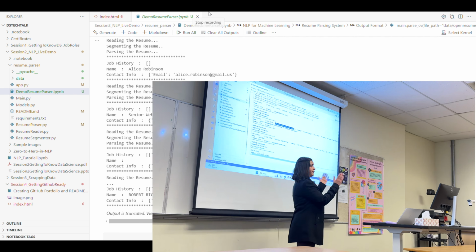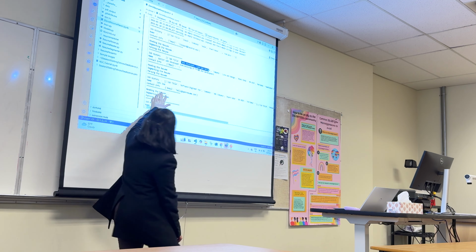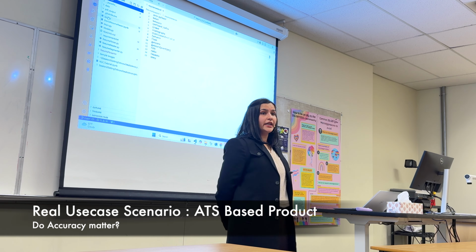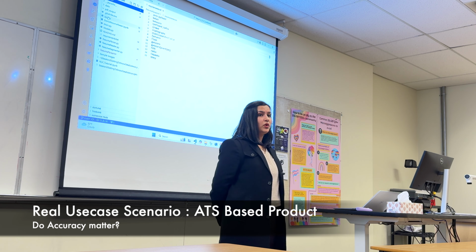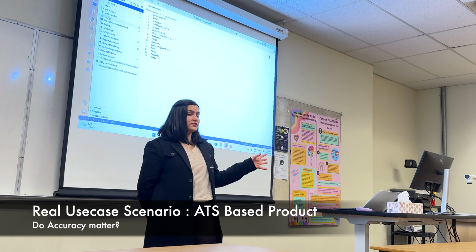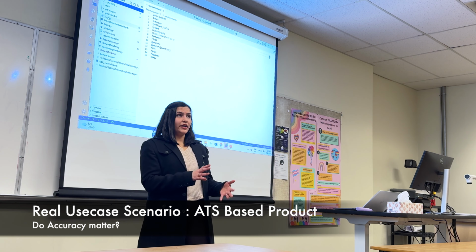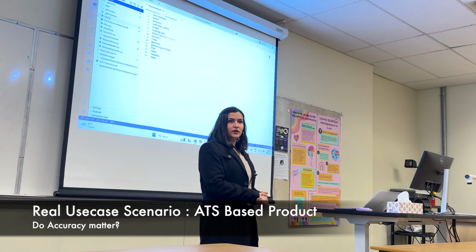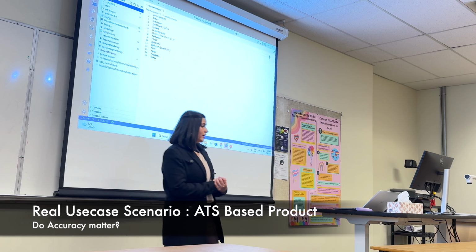So if you do cleaning at the very beginning, you might have to do cleaning again at the end as well. If it's an ATS product company, accuracy does matter. We do benchmarking with our competitors as well, like how good they're at extracting name, how good we are at extracting. For example, Affinda, you might have heard of this brand.